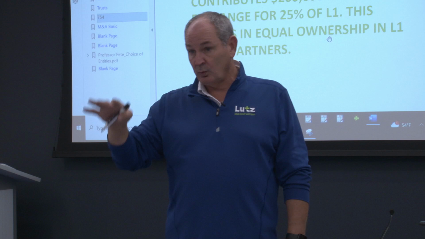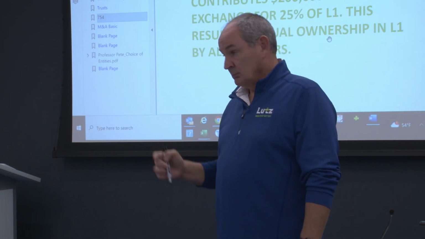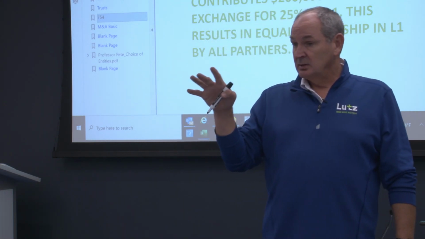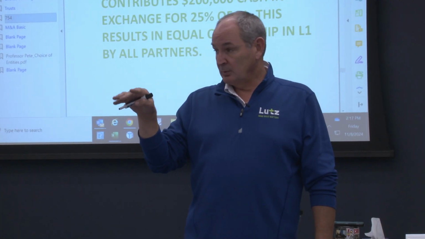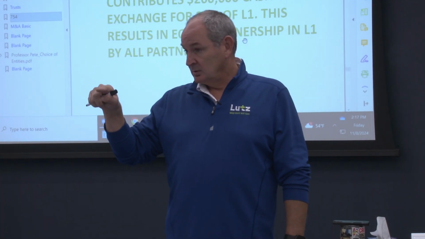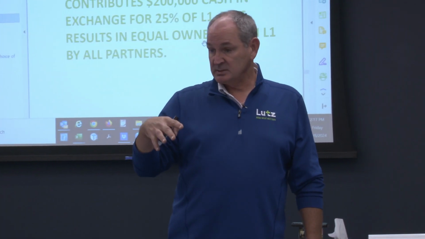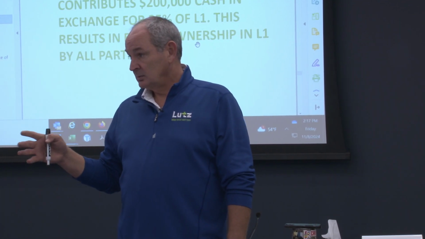This is why 754 says, do we want to be open to a basis adjustment, yes or no? And that's why we have 734, which says when you have an adjustment due to partnership redemption, you have entries. That's the procedure. In this case, there is no entry to be made.